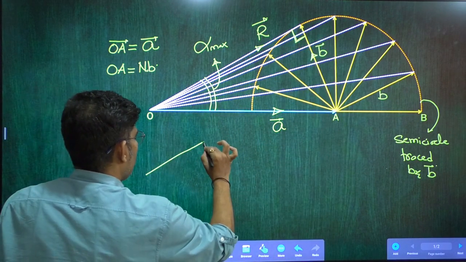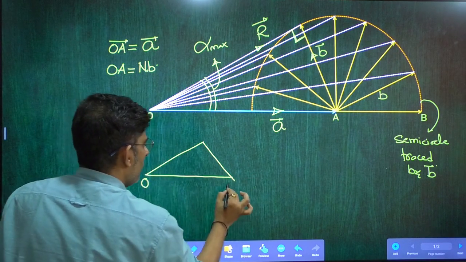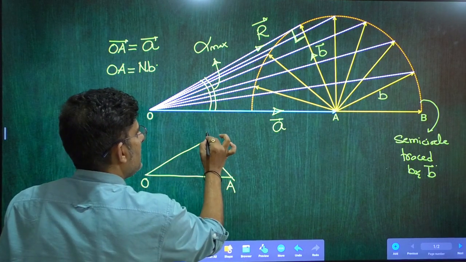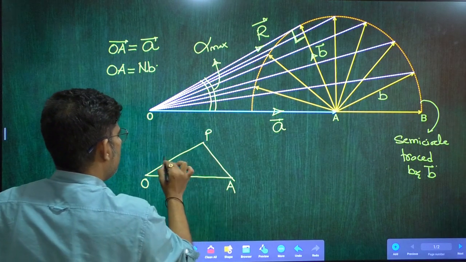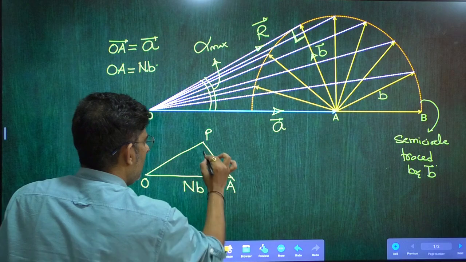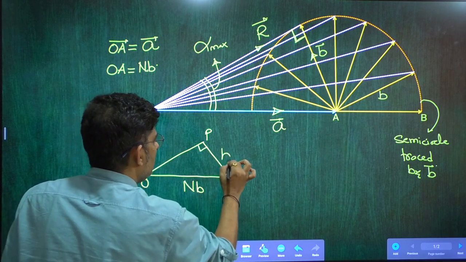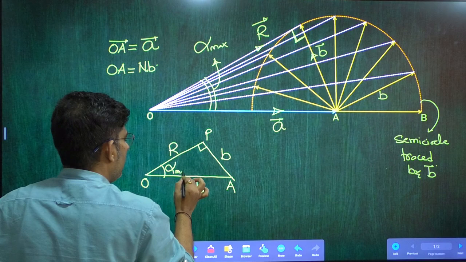How? See. Now this being O, this being A, this being B. Let's give it a name, say P, and the magnitude is nB, this being B, and this is the resultant for which we have the maximum.